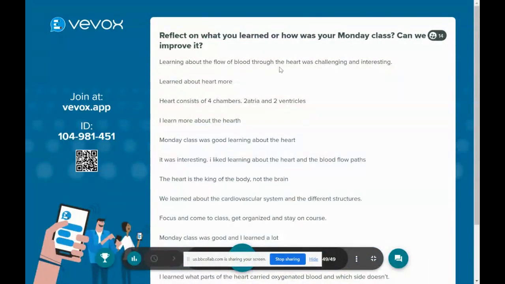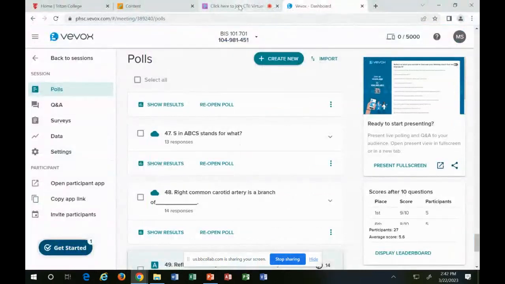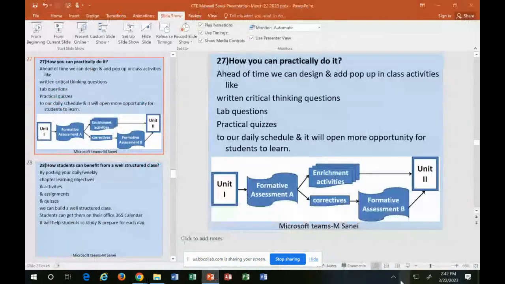Learning about the flow of blood through the heart was challenging and interesting. Learn about heart more. Heart consists of 4 chambers, 2 atria, 2 ventricles. I learn more about the heart. Monday class was good, learning about the heart. You see, you can see their feedback, and I like that.